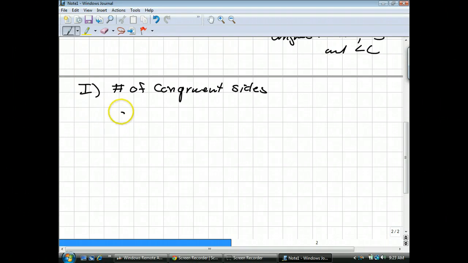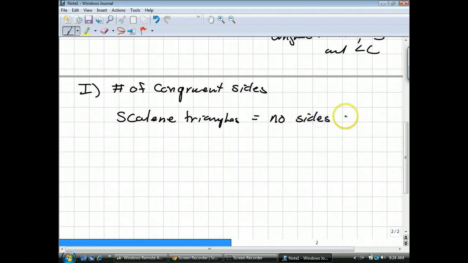So we have what are called scalene triangles, which have no sides congruent. Okay? So in a scalene triangle, each one of these sides is a different length.